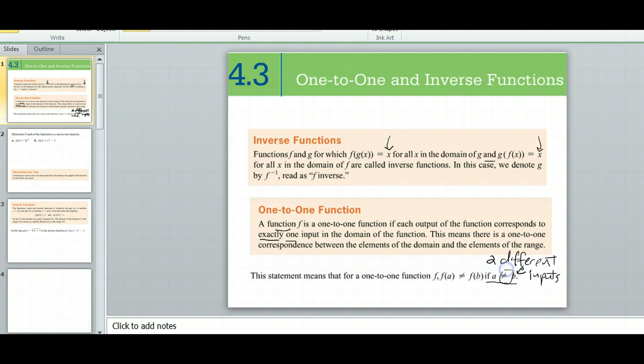They're not equal, meaning they're different. That produces two different outputs. So if the two x's are different, then the two y's are going to be different, again, not equal. So that's basically what that means for inputs and outputs.